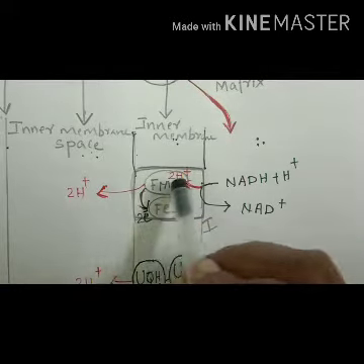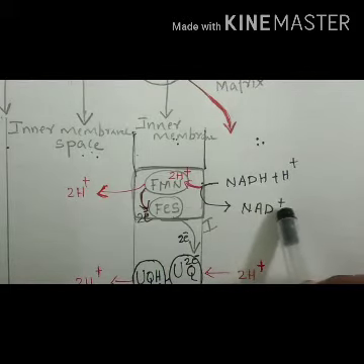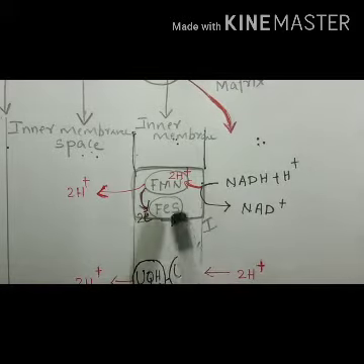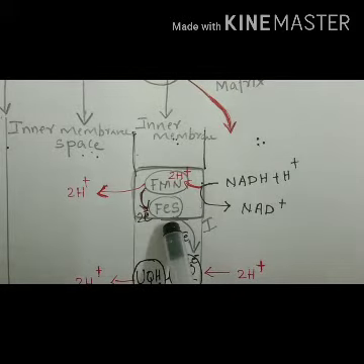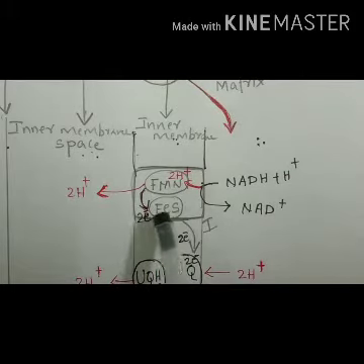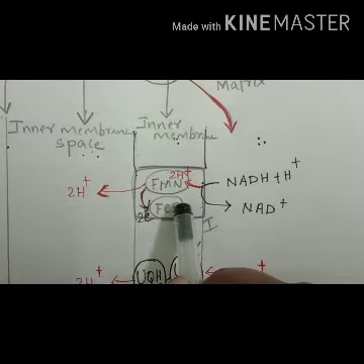Inner membrane consists of all these complexes. Here we can see the products of Krebs cycle, that is NADH2 and FADH2. So this is the first complex. The first complex consists of 2 additional groups, that is flavin mononucleotide and iron sulfur compound. All these are present on the first complex.